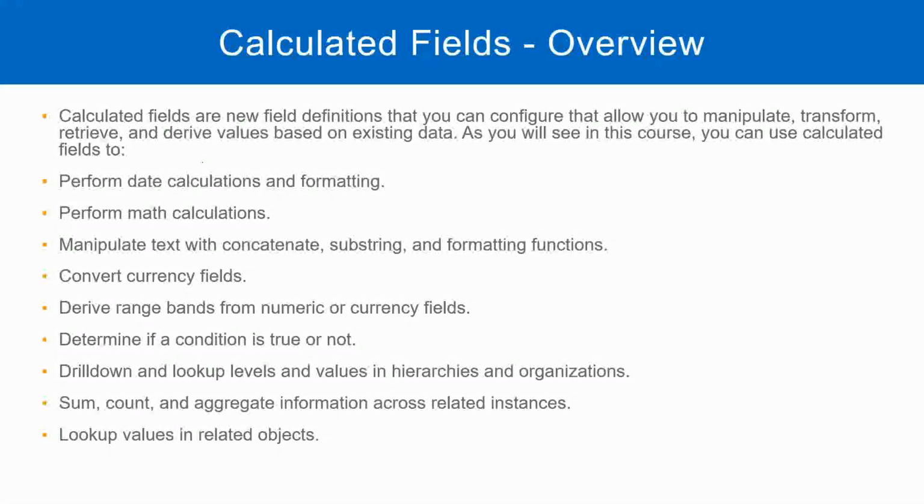You can manipulate text, using concatenation, substring and formatting functions. You can convert text to uppercase or lowercase. You can read a part of the string. Let's say my name is Krish, and I need to read only the first 3 characters of my name. Then the first 3 characters will be KRI.